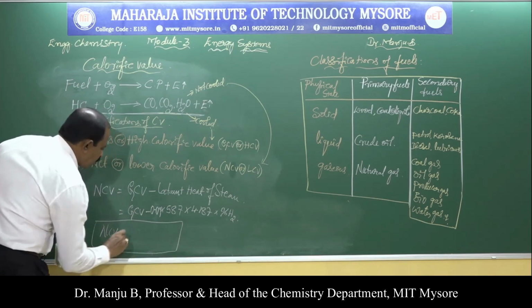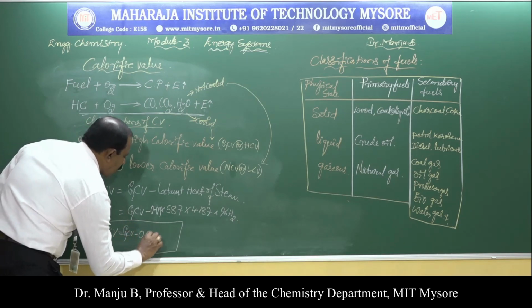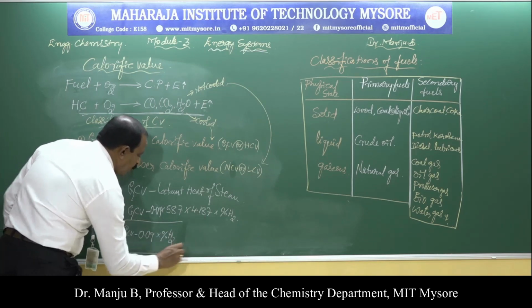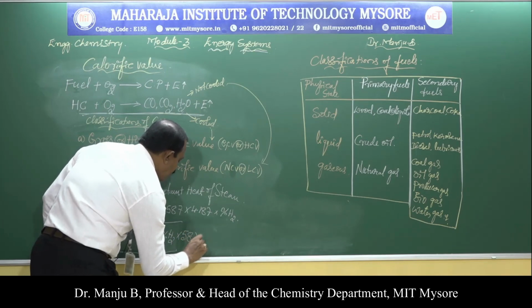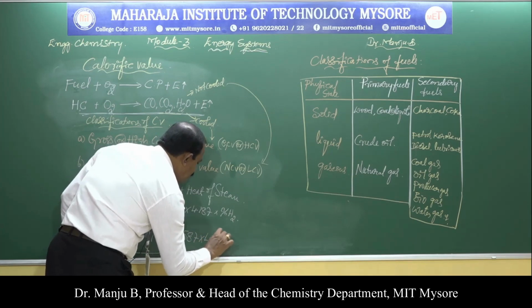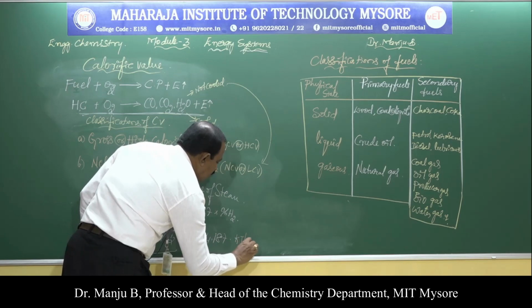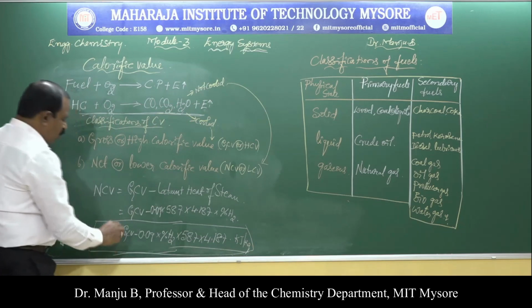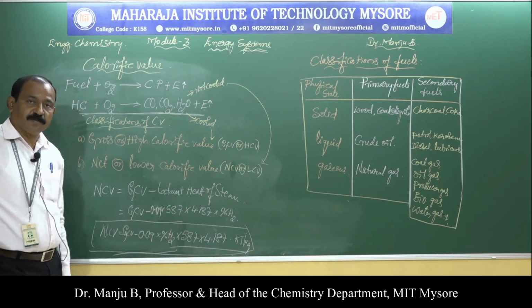That is the equation: GCV minus 0.09 into percentage of hydrogen, multiplied with 587 calories of energy released by 1 gram of hydrogen, multiplied with 4.187, in kilojoules per kg. That is the mathematical equation to calculate net calorific value: GCV minus latent heat of steam.